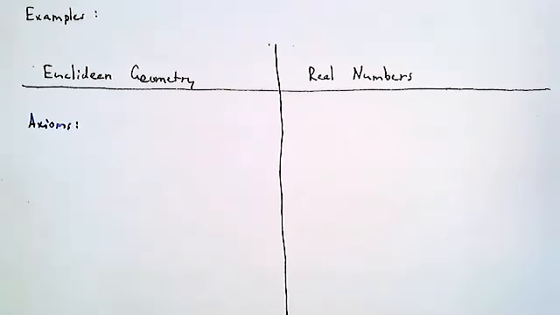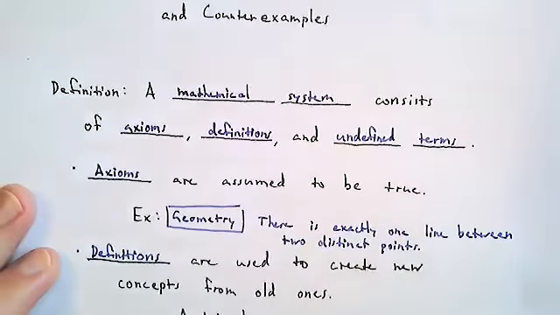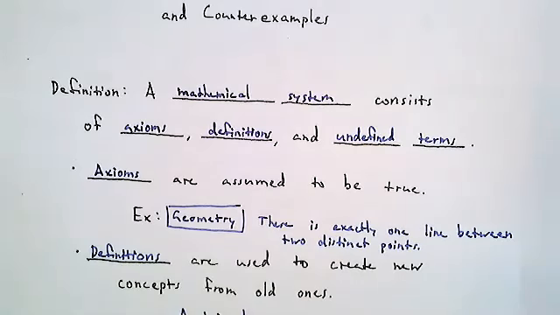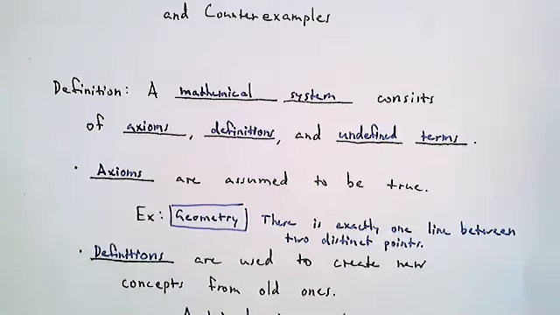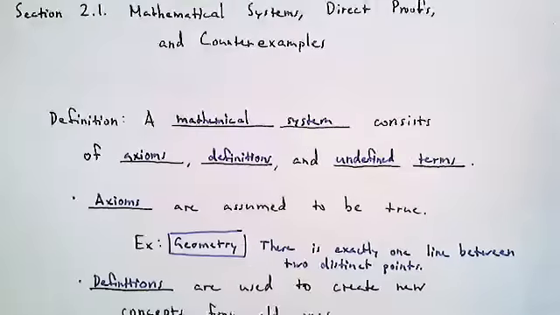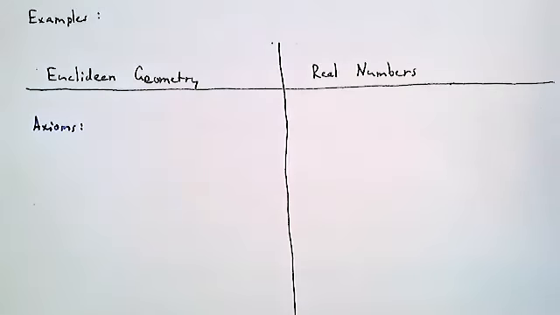So we talked about the one, let's see, I can just flip back. We talked about the axiom that says that there's exactly one line between any two distinct points. Another one of the important axioms in geometry is this one.